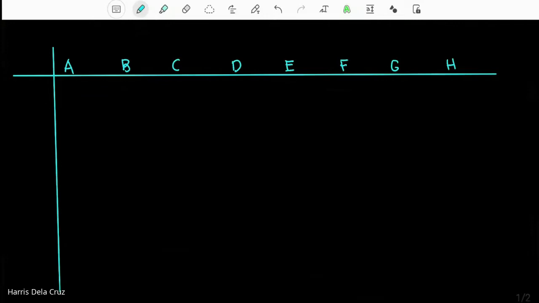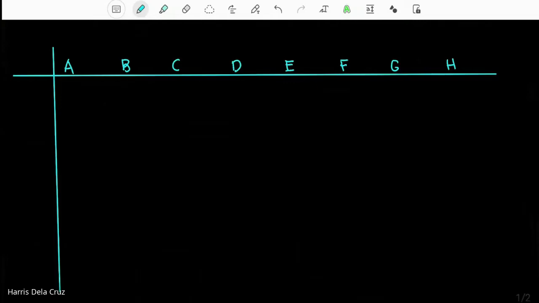So for our given graph, we have the vertices A, B, C, D, E, F, G, H. Now, these columns here represent all the vertices that we are going to label. On the other hand, the first column represents the vertices that we are going to visit.